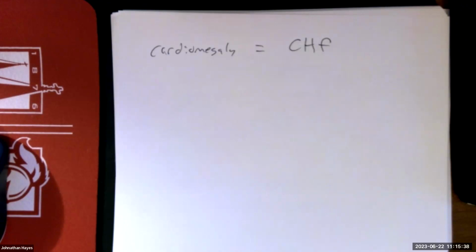We just got done talking about cardiomegaly. Some of the possible causes of cardiomegaly could be things like maybe chronic hypertension. If I'm constantly having to overcome a higher what's called peripheral resistance, which is basically the amount of force that the body's pushing back against the heart.